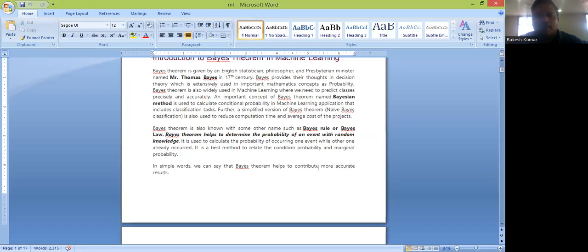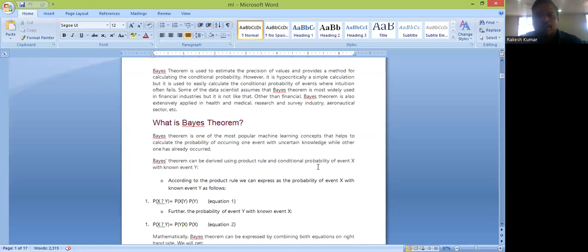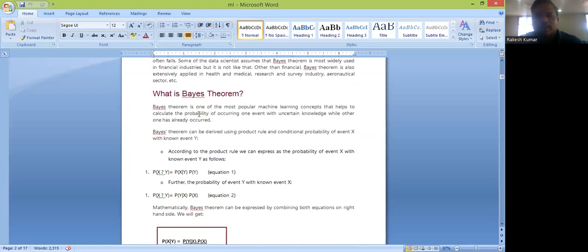Bayes theorem, here you can see in the definition, is one of the most popular machine learning concepts that helps to calculate the probability of occurring one event with uncertain knowledge while the other one has already occurred.